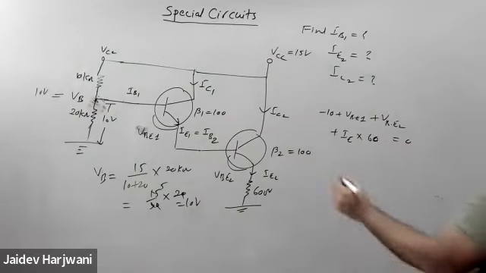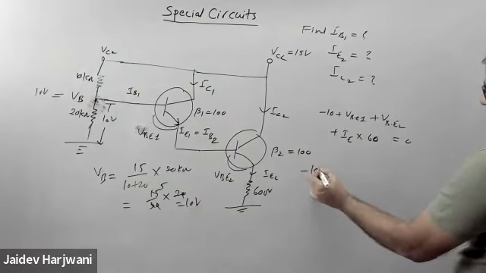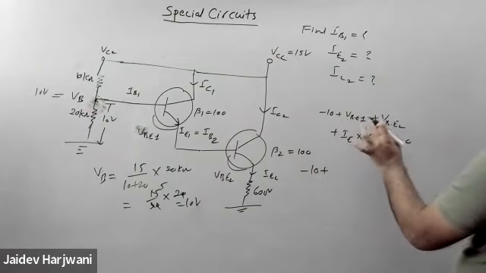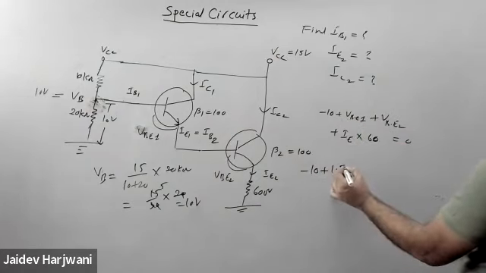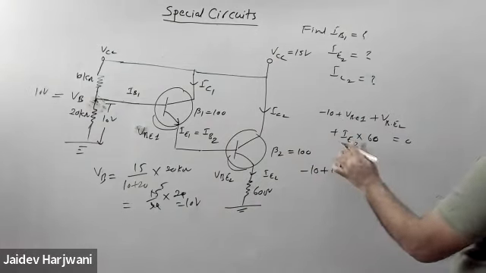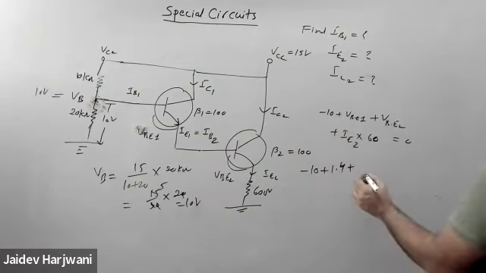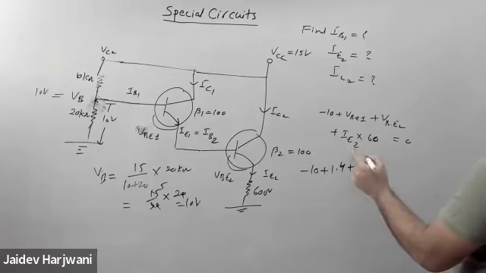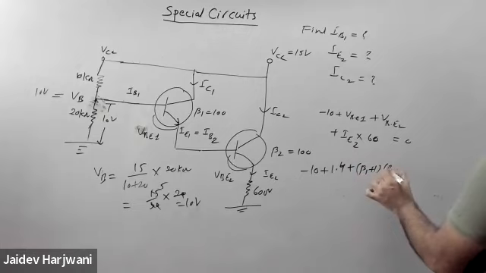Now you can take VBE as 0.7. So 0.7 plus 0.7, total becomes 1.4. IE2 you can take equal to beta 1 plus 1 into beta 2 plus 1, IB1.